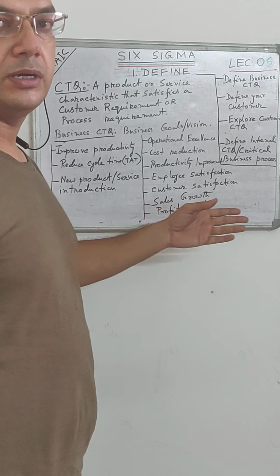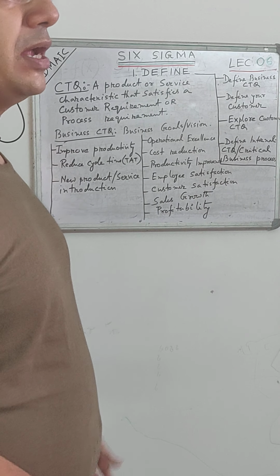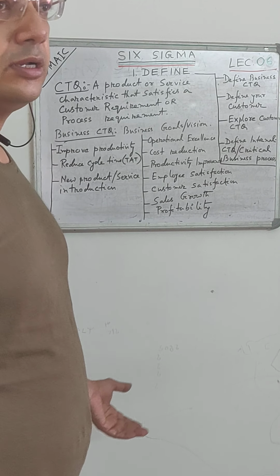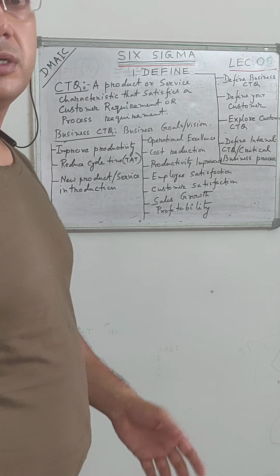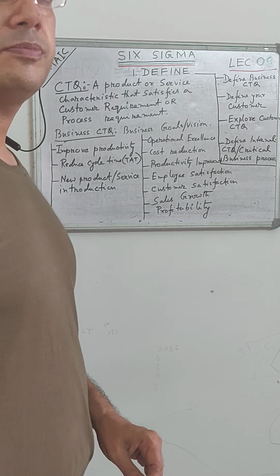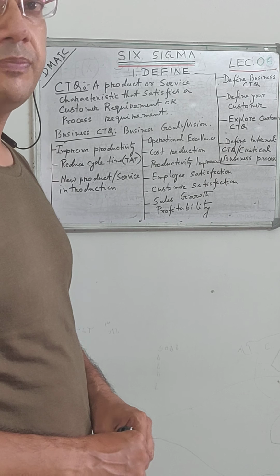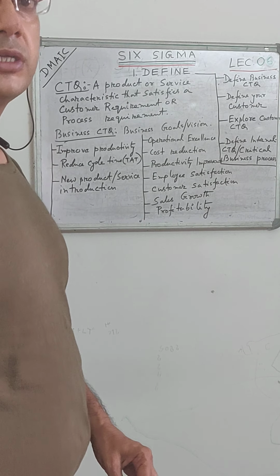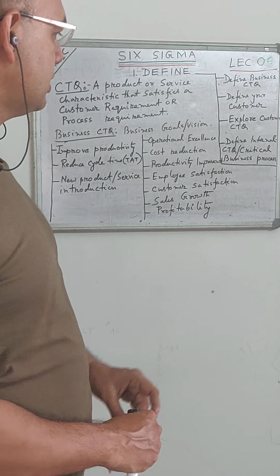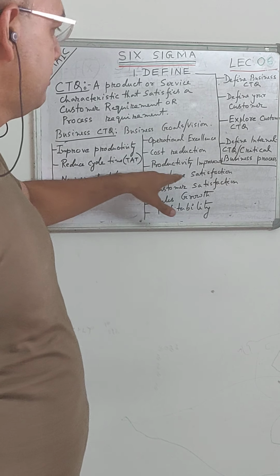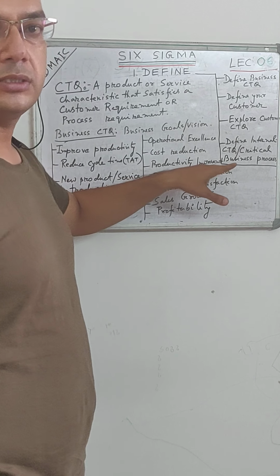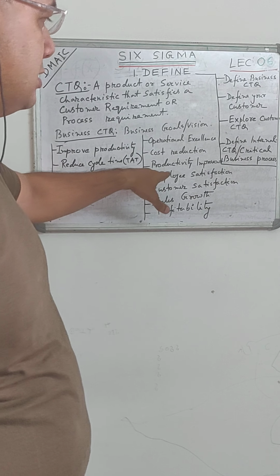Then productivity improvement. Like a plant may have employed 1,000 manpower for production of 1,000 quantity. Another factory, a similar competitor, may have employed 500 manpower for production of the same quantity. So our target will be to match that productivity figure. Otherwise, we cannot reduce the cost and other things.